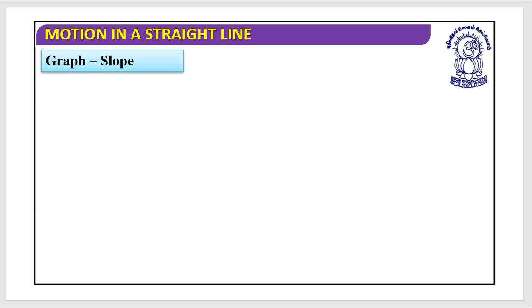Let's say the next situation would be something like this. This is the y-axis, this is the x-axis, and a straight line would look something like this. Now what should be the slope of this?